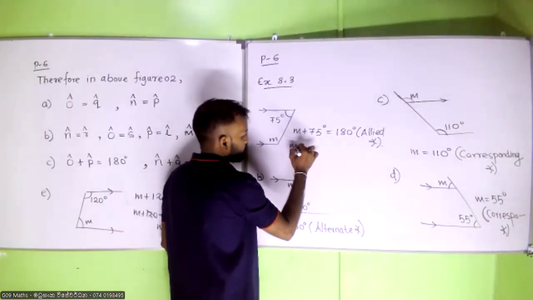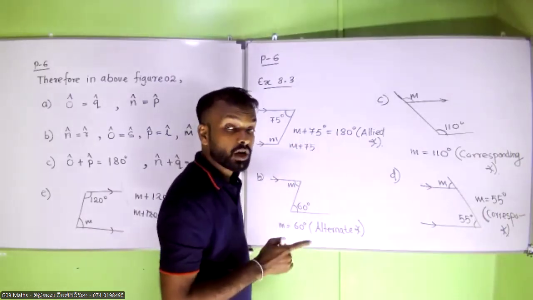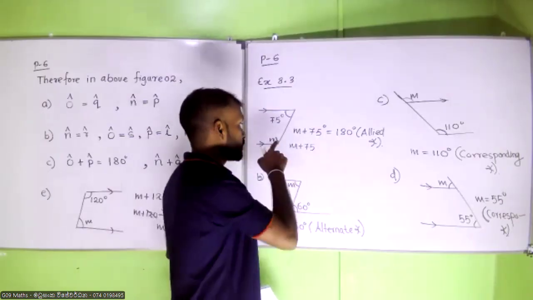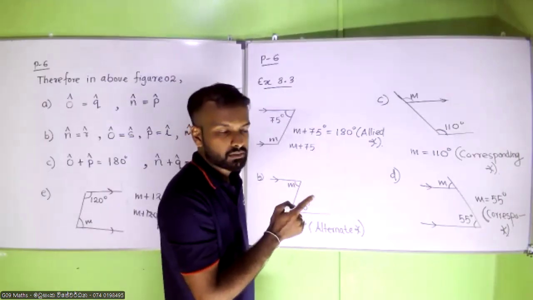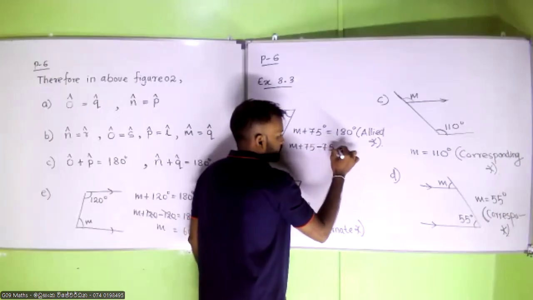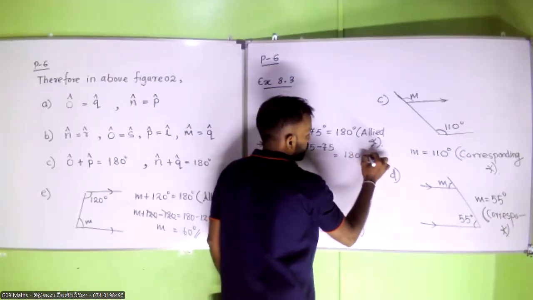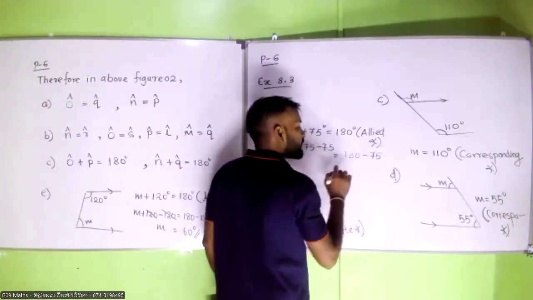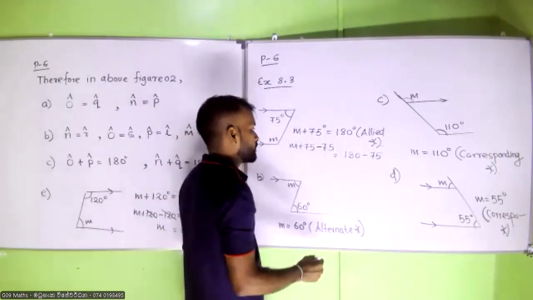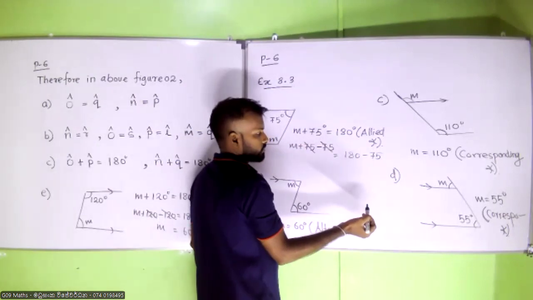So M plus 75, you are going to remove 75 from the left-hand side so that you can make M the subject. Subtract 75 from both sides. Cancel out.